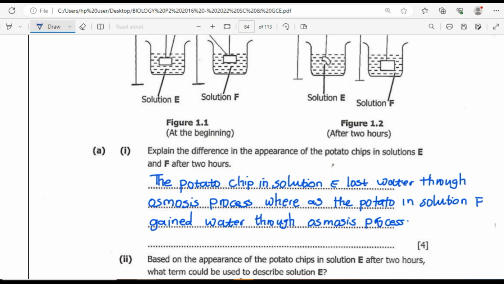As a result, they do not burst even after gaining a large amount of water. So in summary, the one that was in solution E shrinked, so it reduced in size. Then the one that was in solution F reached what we call turgidity because it increased in size. So that is the difference.